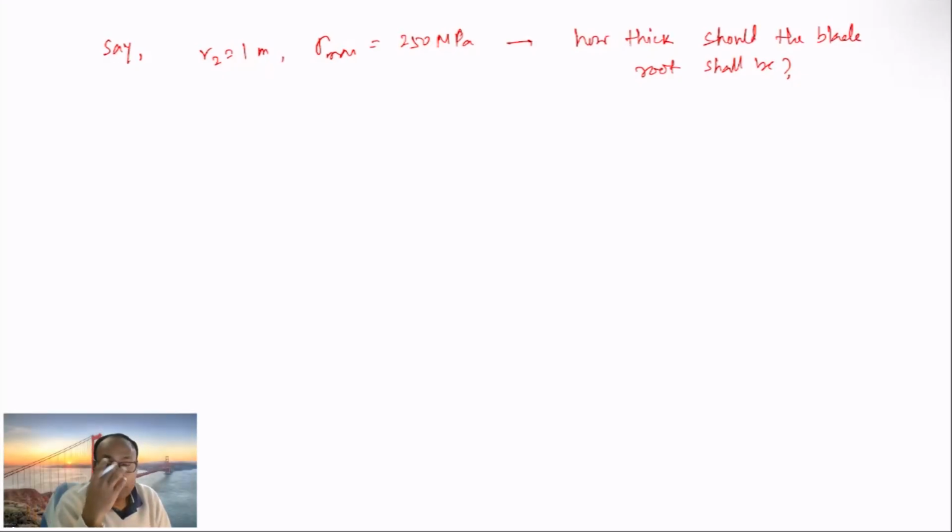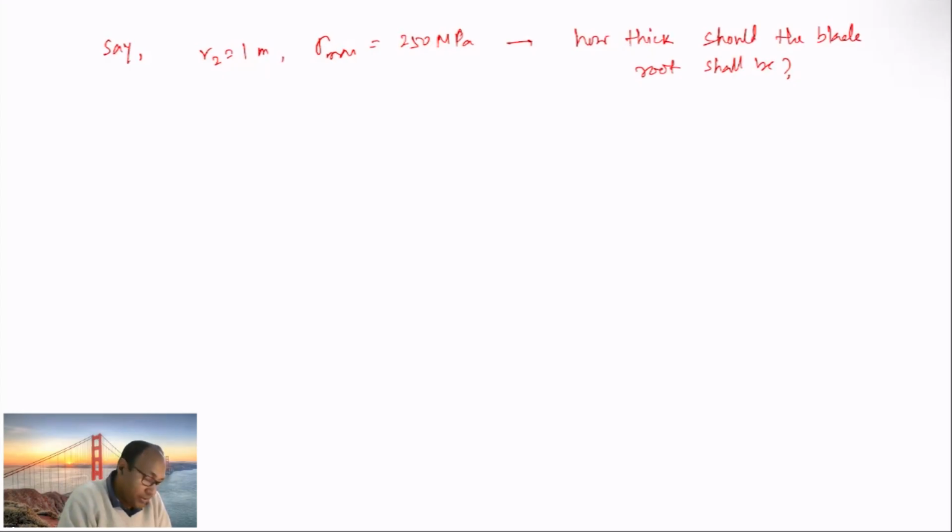So let's say R2 equals 1 meter, sigma max equals 250 megapascal. Then one can ask how thick should the blade root shell be. So one can try to find out the thickness of the blade root.